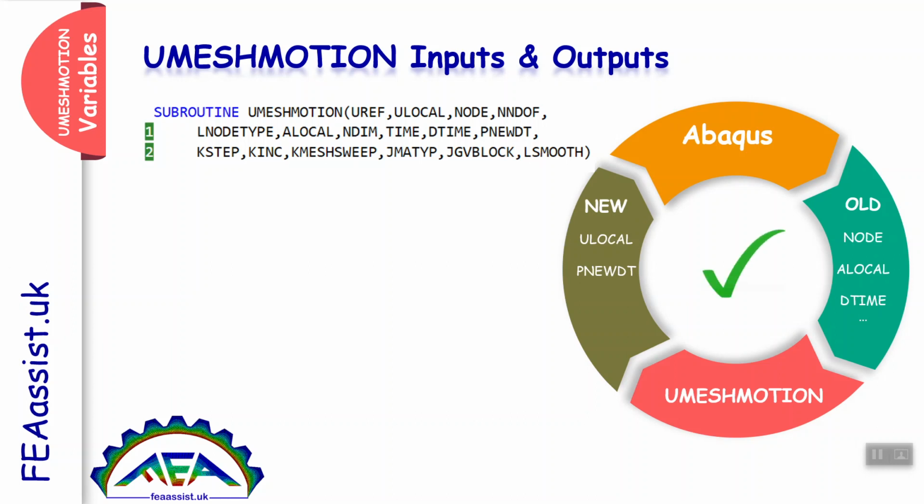Abaqus again uses these variables to recompute the node positions and all the necessary variables. This is how Abaqus and UMeshMotion interact with each other, which is necessary to understand well in order to write a well-working UMeshMotion subroutine. Here I explain one of the variables, uLocal. Consider you have a point x1, y1, z1. This point is going to be transferred to point 2.